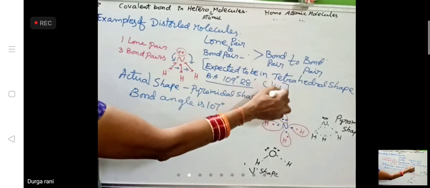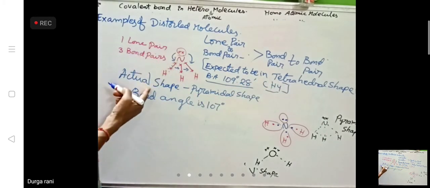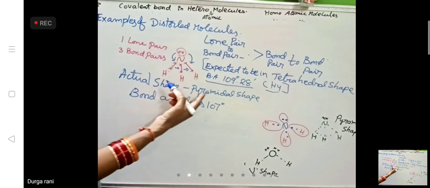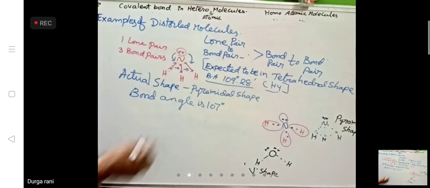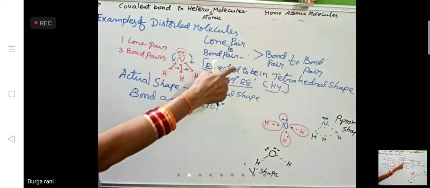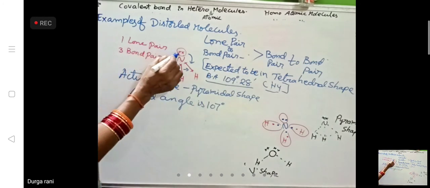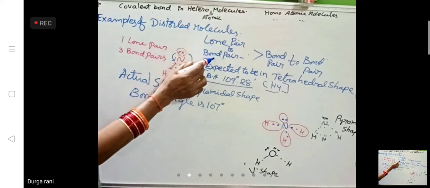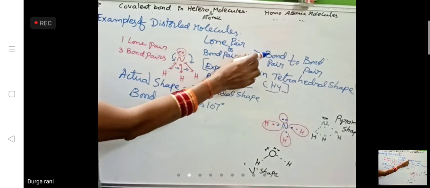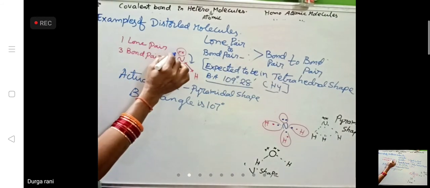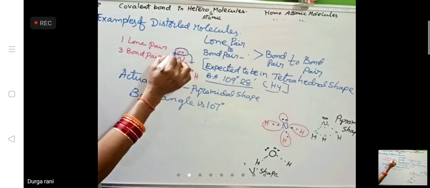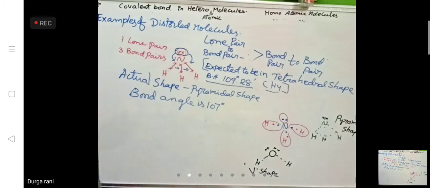But here, the actual shape of this NH3 molecule is pyramidal and the bond angle is 107 degrees. Why was it reduced from 109 to 107? Because the repulsive force between lone pair and bond pair is greater than bond pair to bond pair. Is it clear? This is like an electron cloud.